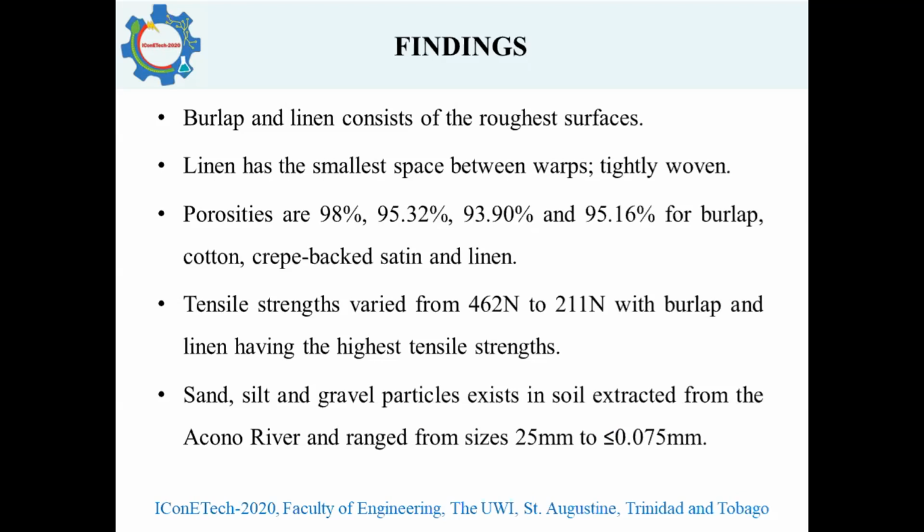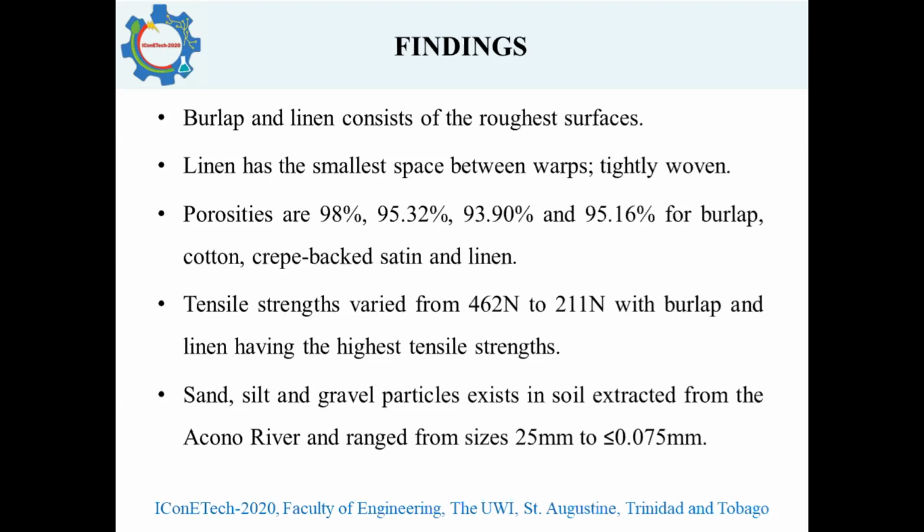Tensile strengths also varied from 462 newtons to 211 newtons. Again, burlap and linen were most outstanding in that they had the highest tensile strengths. So this was another property which I used to eliminate in my investigation. That's why I came down to selecting the burlap and linen again.